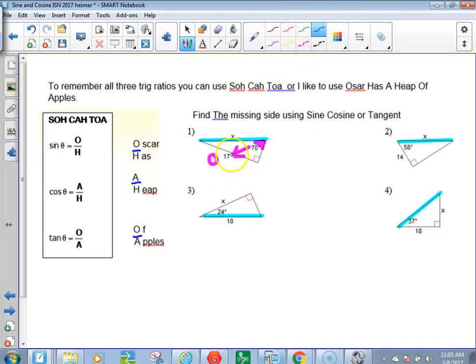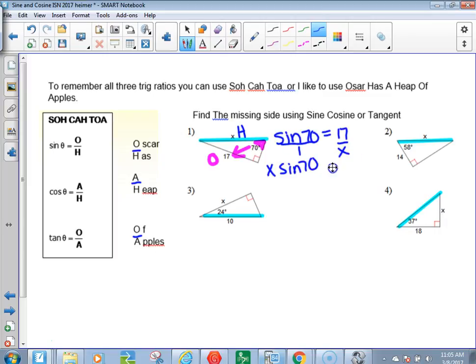All right, so we had opposite and hypotenuse. This one would have been the sine. Okay, so the sine of 70 equals the opposite leg 17 over the hypotenuse x. What happens when we have an x in the denominator? Yep, you'll be dividing.